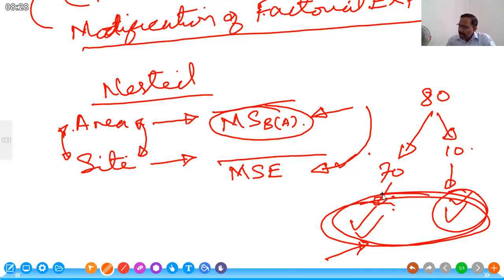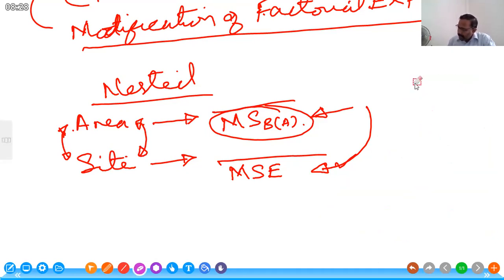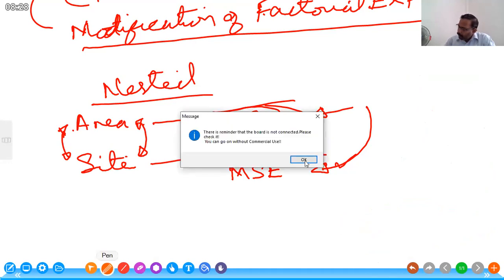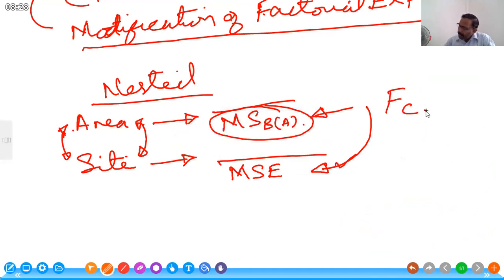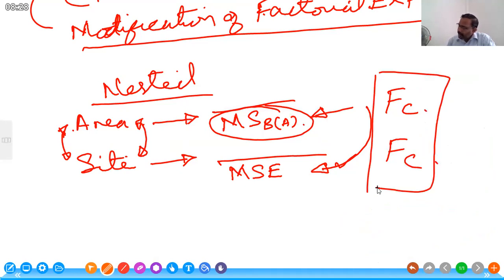Similar to that, here, what we do is, we basically say, we want to calculate the F values. Here also we calculate the F values. Do you think these two calculated F values are in a similar condition? No, it is not a similar condition.